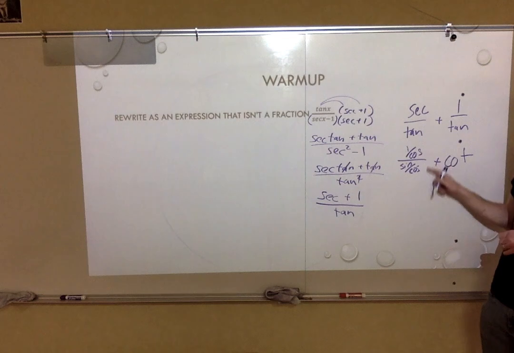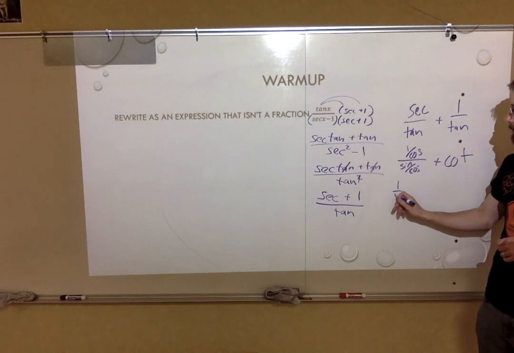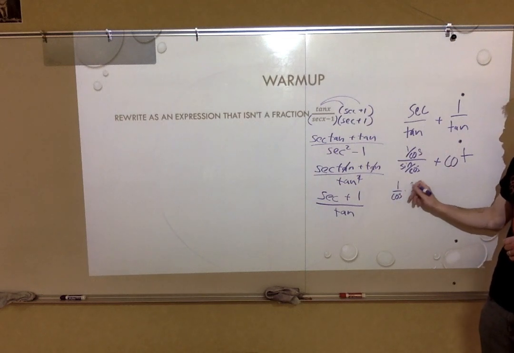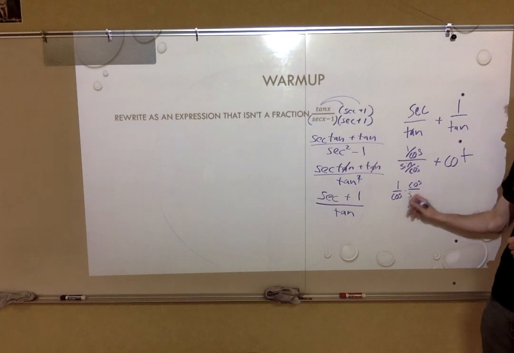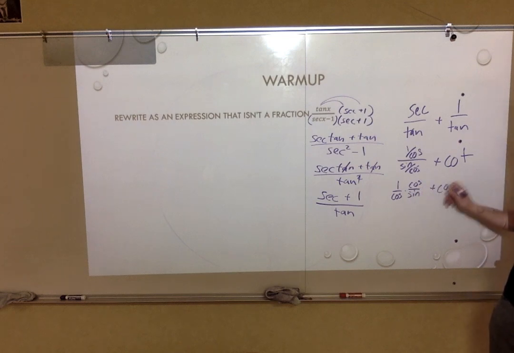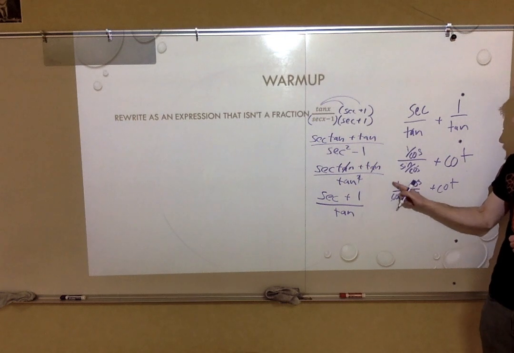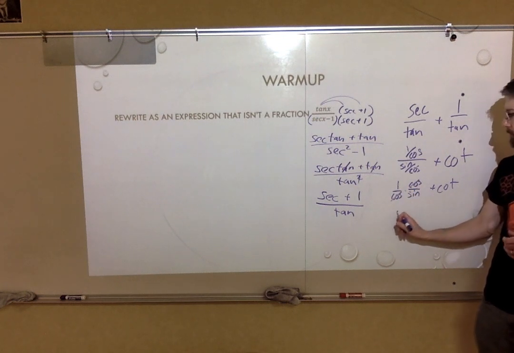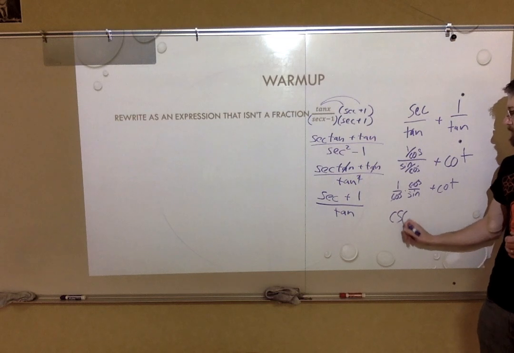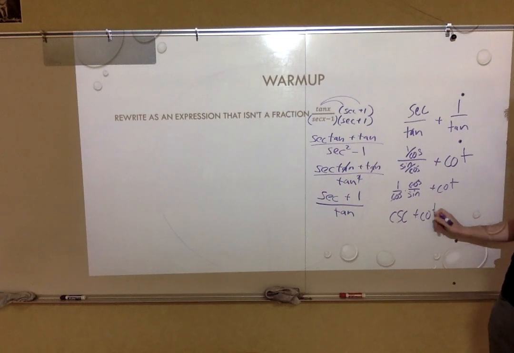Now I can do keep change flip with this, 1 over cosine times cosine over sine. The cosines cancel out, so I'm left with 1 over sine. 1 over sine is cosecant, so this is cosecant plus cotangent.